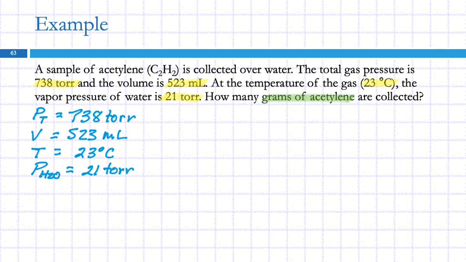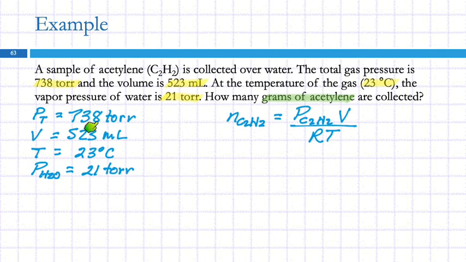So I am trying to find the moles of acetylene. The moles of acetylene, C2H2, from the ideal gas law is going to be the partial pressure of the acetylene times the volume divided by R and the temperature. The volume and temperature of the water vapor and the acetylene are the same, but the pressures are not the same.